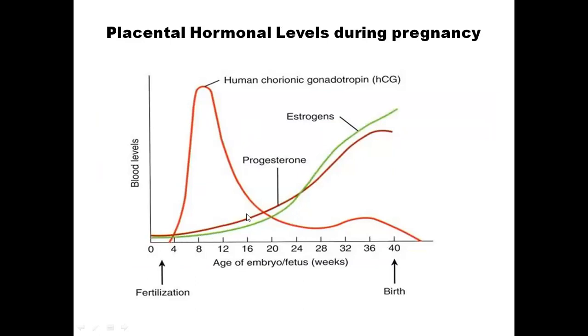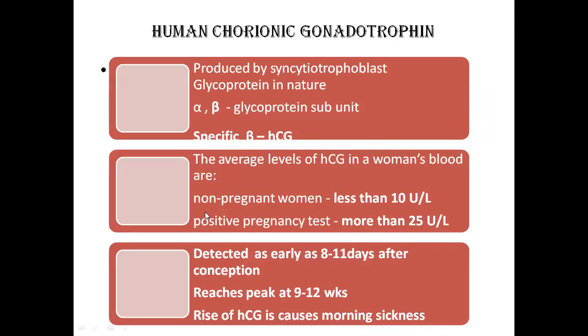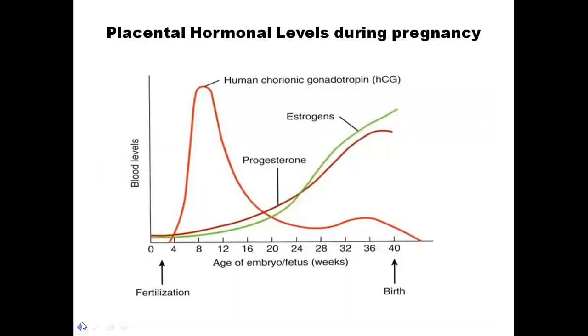Progesterone rises faster than the estrogen, but we see that estrogen rises 30 times that of the normal level in normal adults, and progesterone on the other hand rises about 10 times more, but the peak is reached at about 36 to 40 weeks, and the measurable rise occurs after the first trimester.